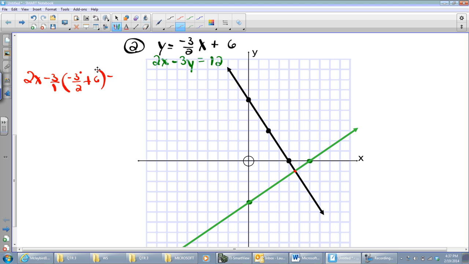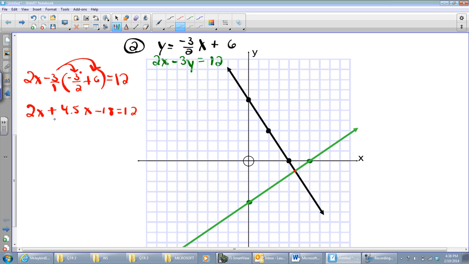And that should equal 12. And of course, I'm going to distribute. And so I'm going to get 2x minus, well, it's going to be 9 over 4. It's actually going to be plus. 9 over 4 is 4.5x minus 18, and that's going to equal 12.